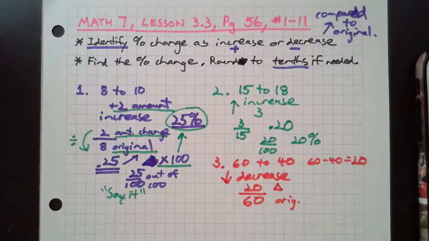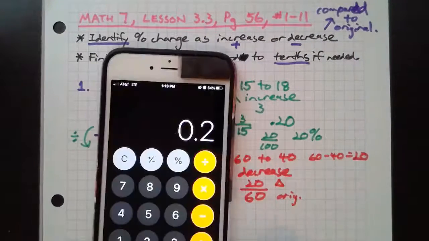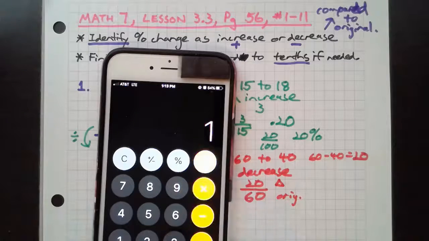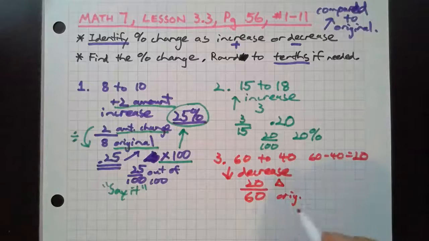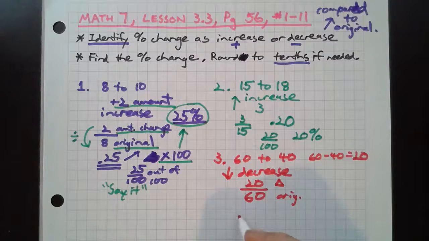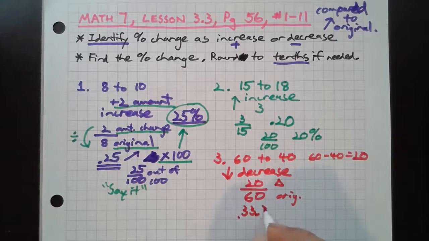You might recognize that as being the same as 1 out of 3. But if you don't, you go 1 divided by 3 and you get this crazy decimal. Here's one of those cases where we have 33 and a third repeating out of 100.